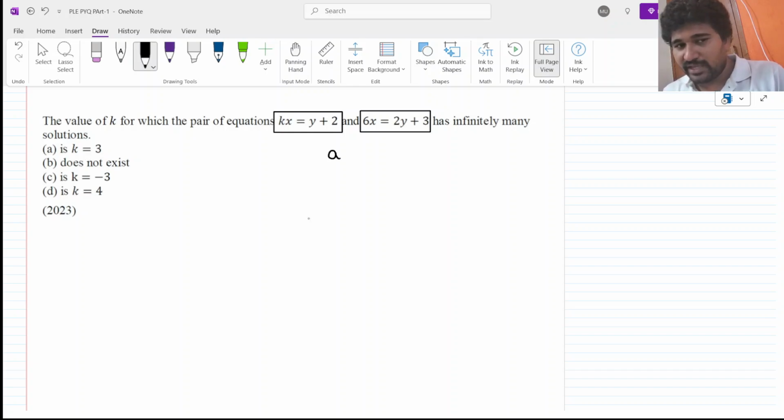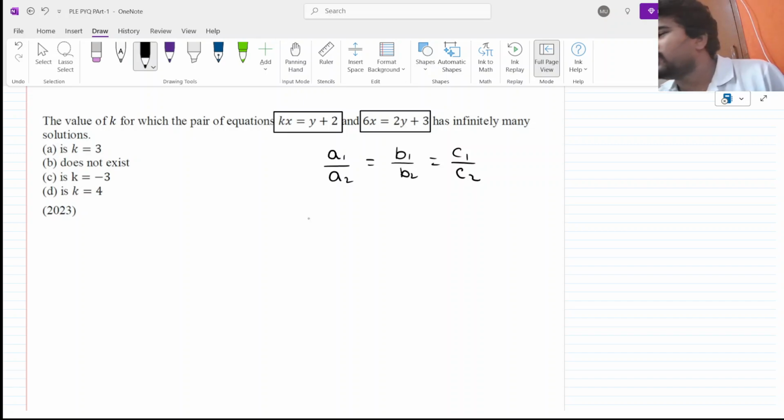They should obey a1 by a2 is equal to b1 by b2 is equal to c1 by c2. They should obey, right? Yes or no? Infinitely many solutions means coincident.